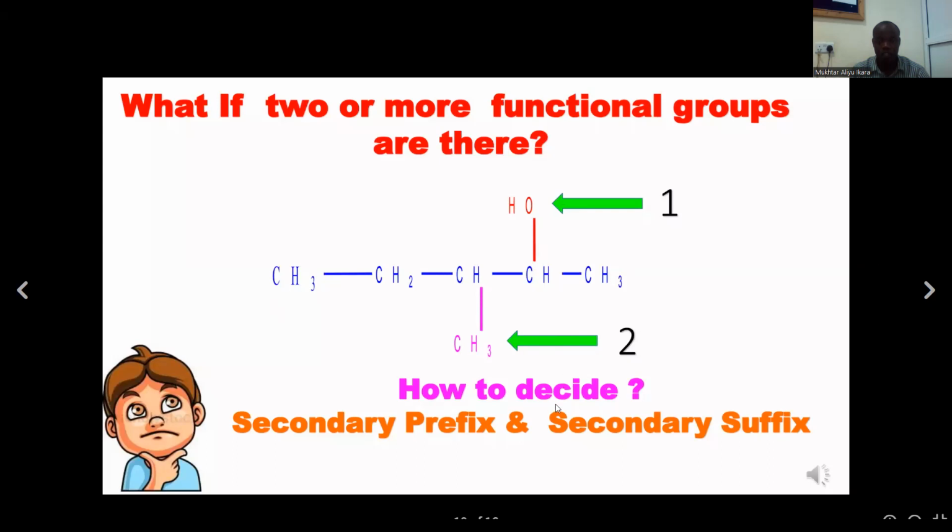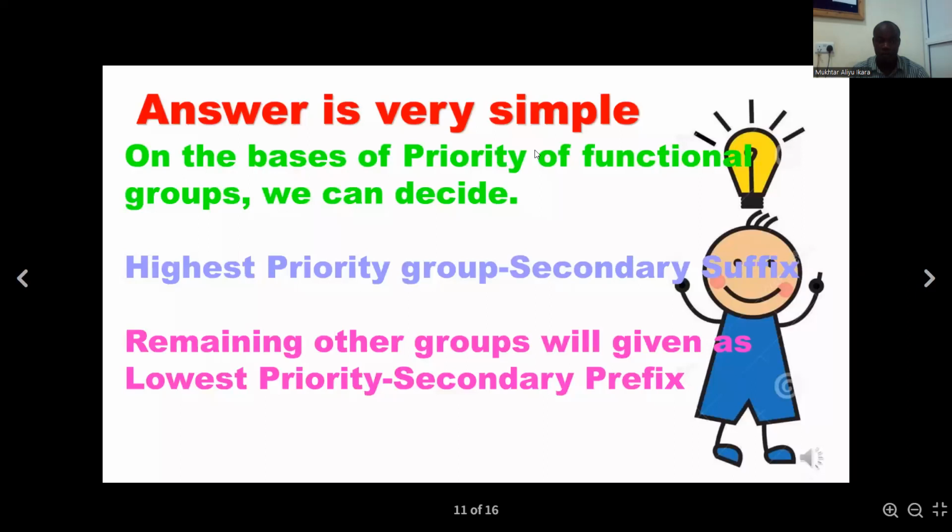So how do we decide the secondary prefix and the secondary suffix? The answer is very simple. On the basis of the order of priority of the functional groups, we can decide.